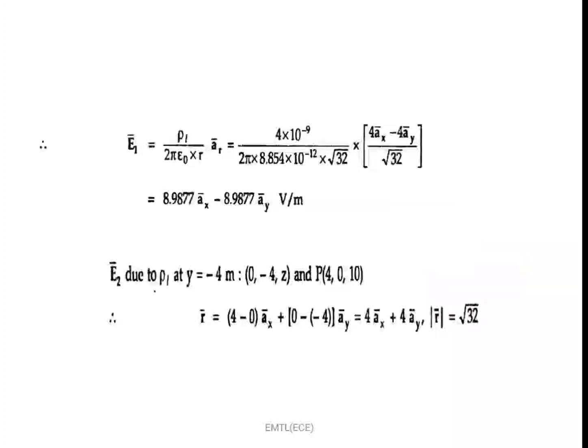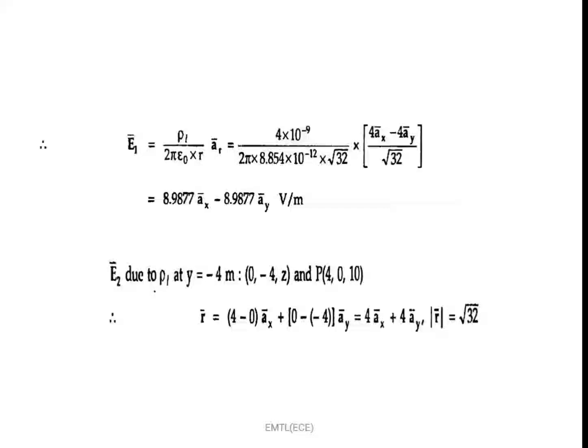Next is the expression for electric field intensity: E1 is rho L by 2 pi epsilon naught R, aR bar. Here the value of rho L is given in the problem, that is 4 nanocoulombs.